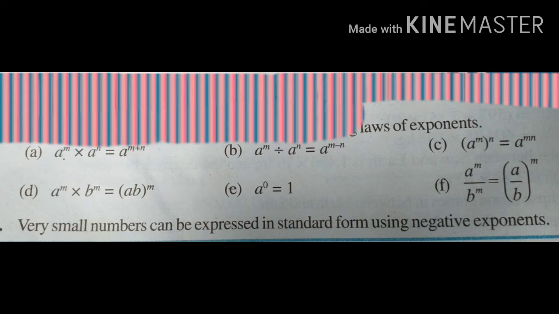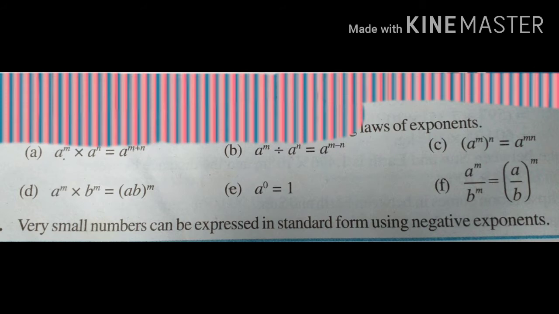And another thing you have to remember, a very small number can be expressed in standard form using negative exponent. If a long number is given in decimal point form, we have to use the standard form using negative exponent. Clear?